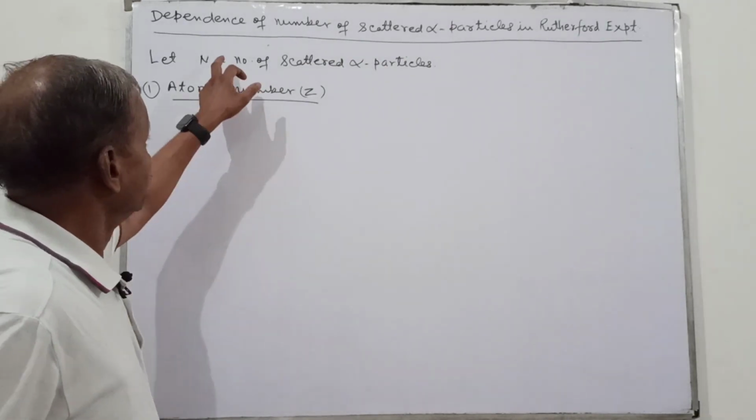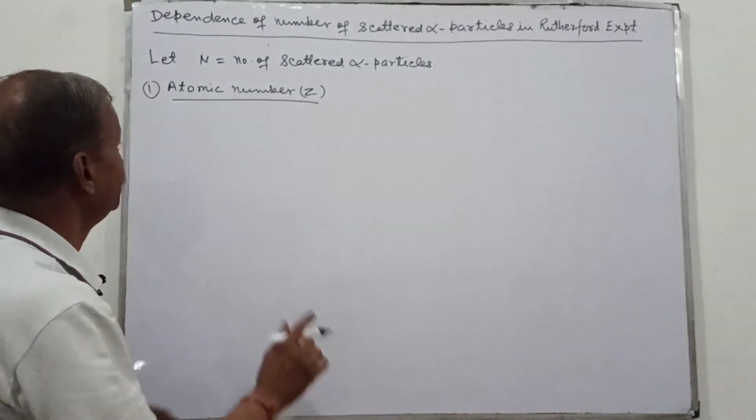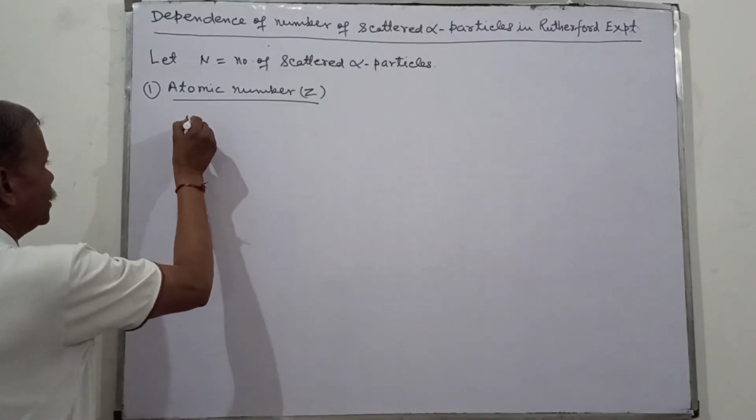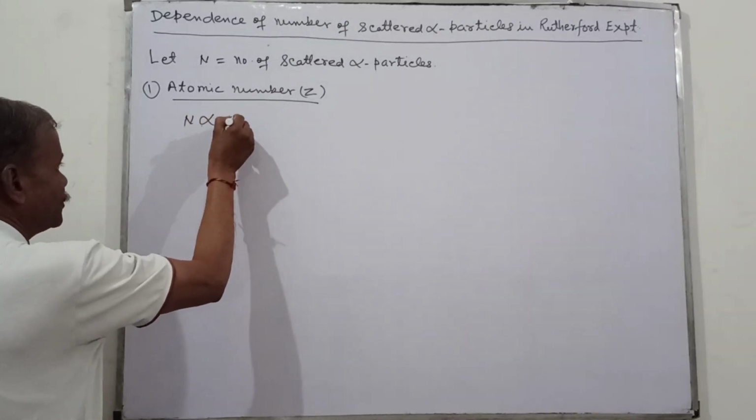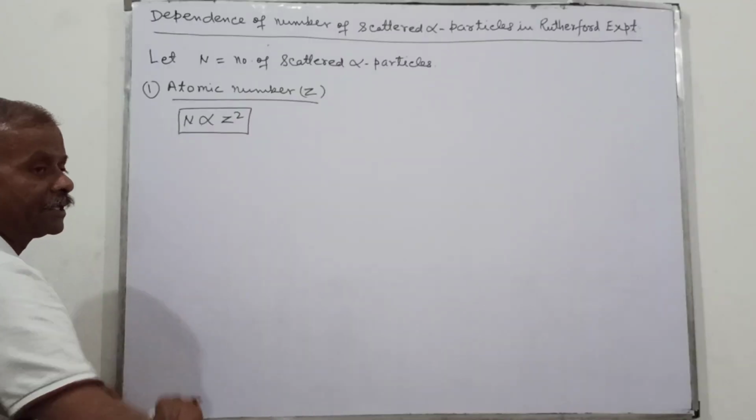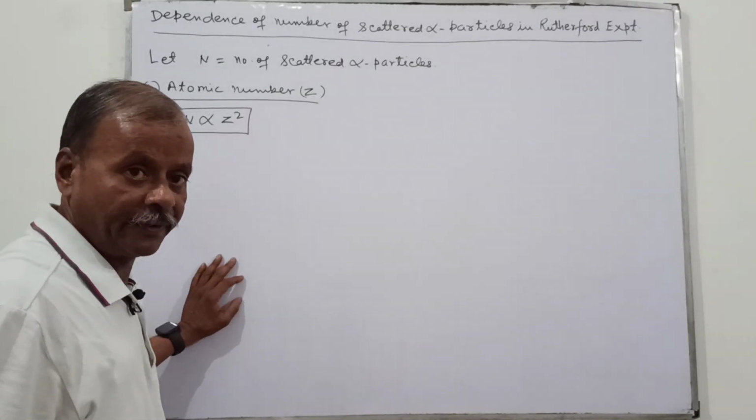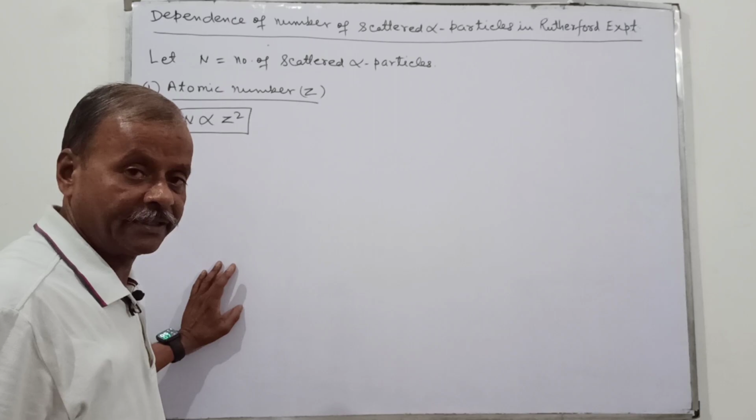So this number of scattered alpha particles is directly proportional to Z square. It means that the larger the value of Z, the larger will be the number of scattered alpha particles.